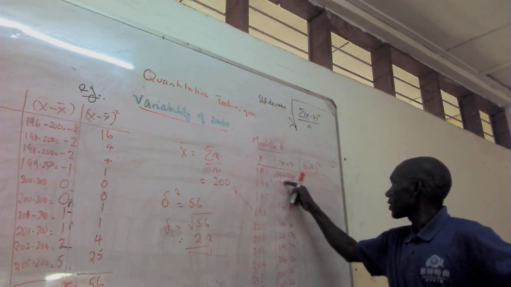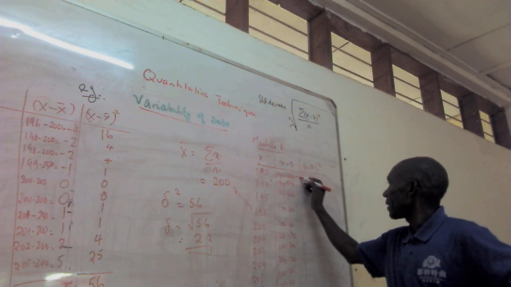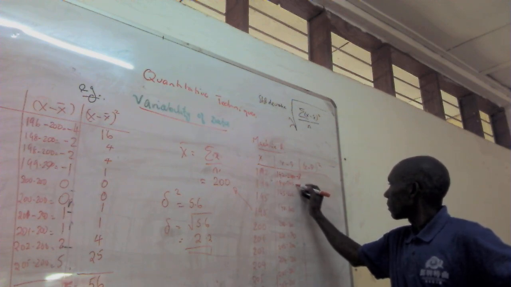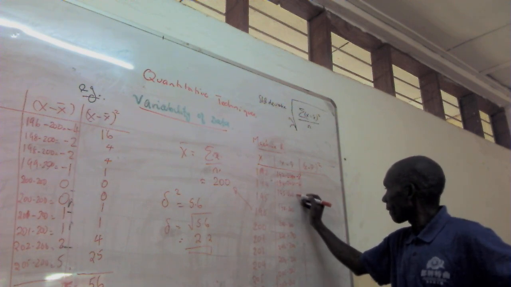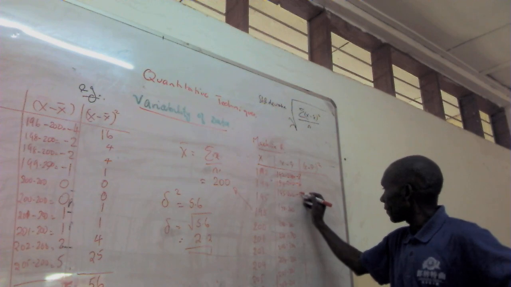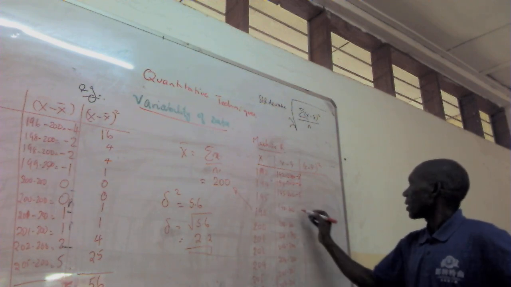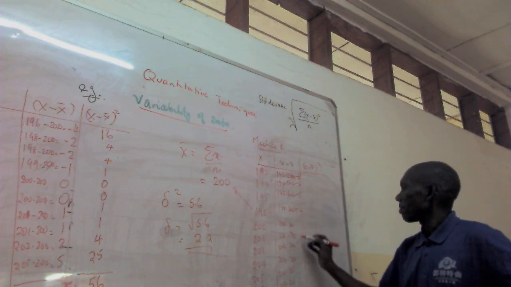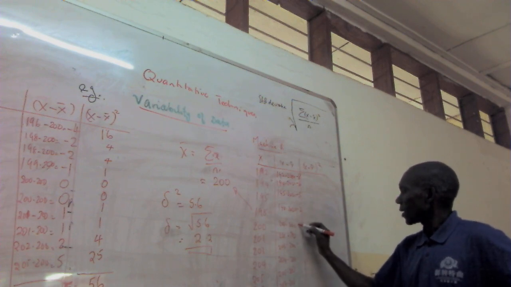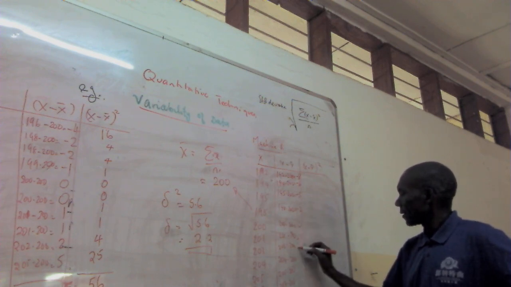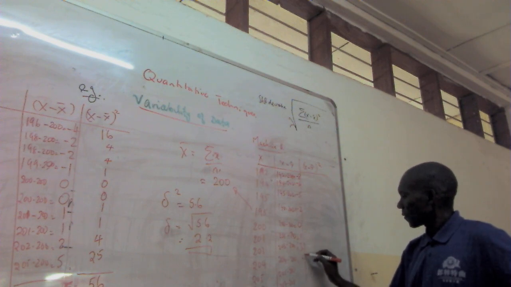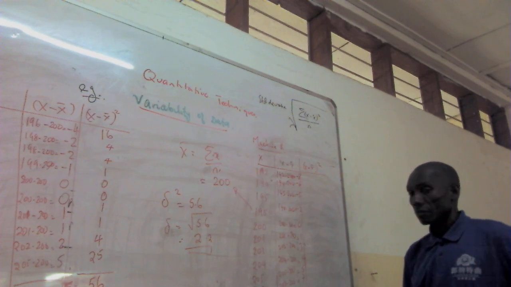For this one, it's going to be negative 8. Here it's going to be negative 4, negative 6, negative 5, negative 2, 0, 1, 3, 4, 5, 7.